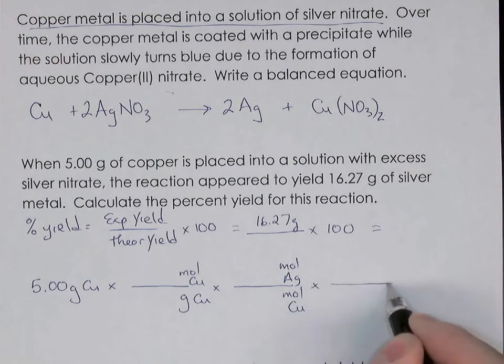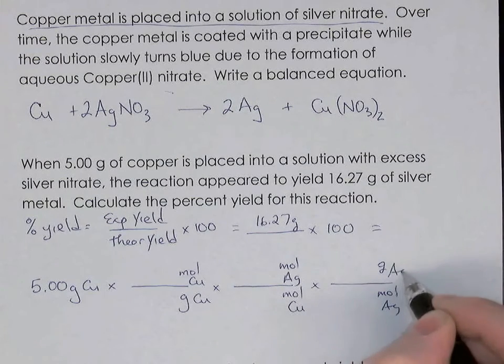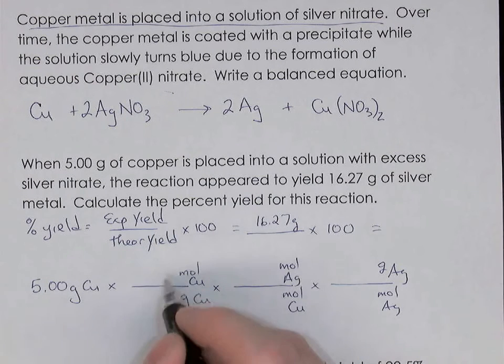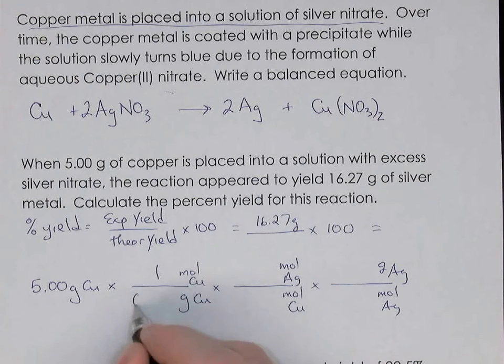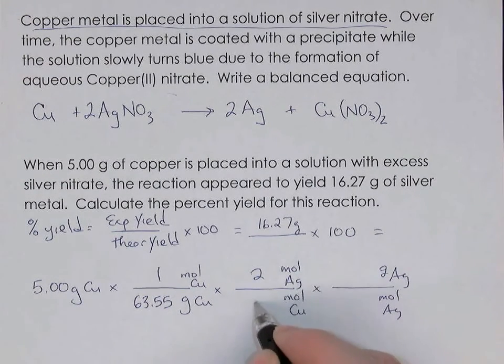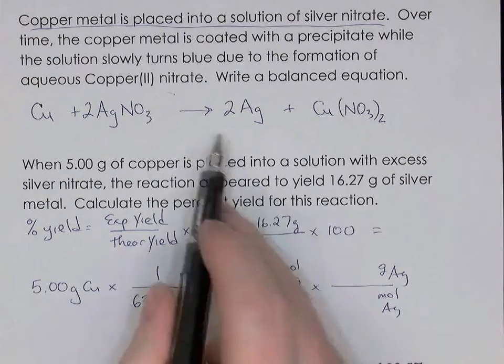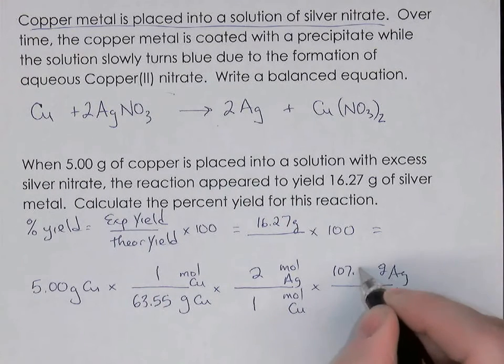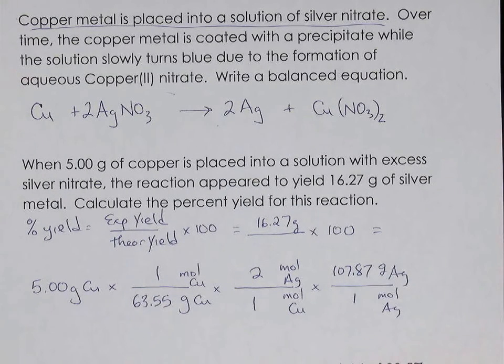And then moles of silver to grams of silver, because we're calculating percent yield based on the grams. So 1 mole of copper is 63.55 grams. The balanced equation tells me 2 moles of silver come from 1 mole of copper, a 2-to-1 ratio, and 107.87 grams is the mass of 1 mole of silver.